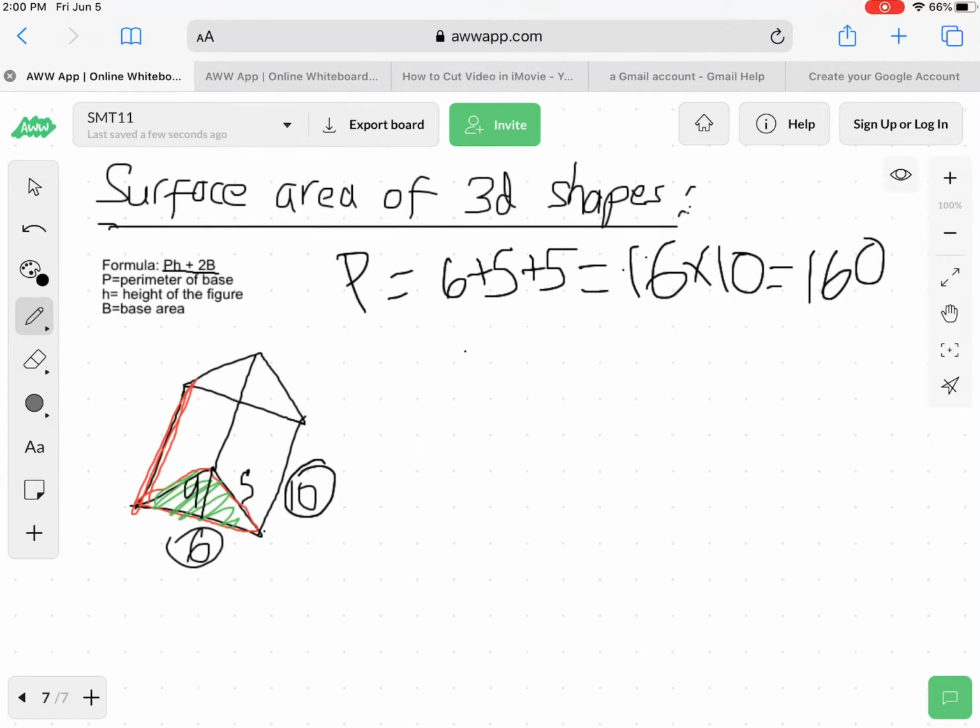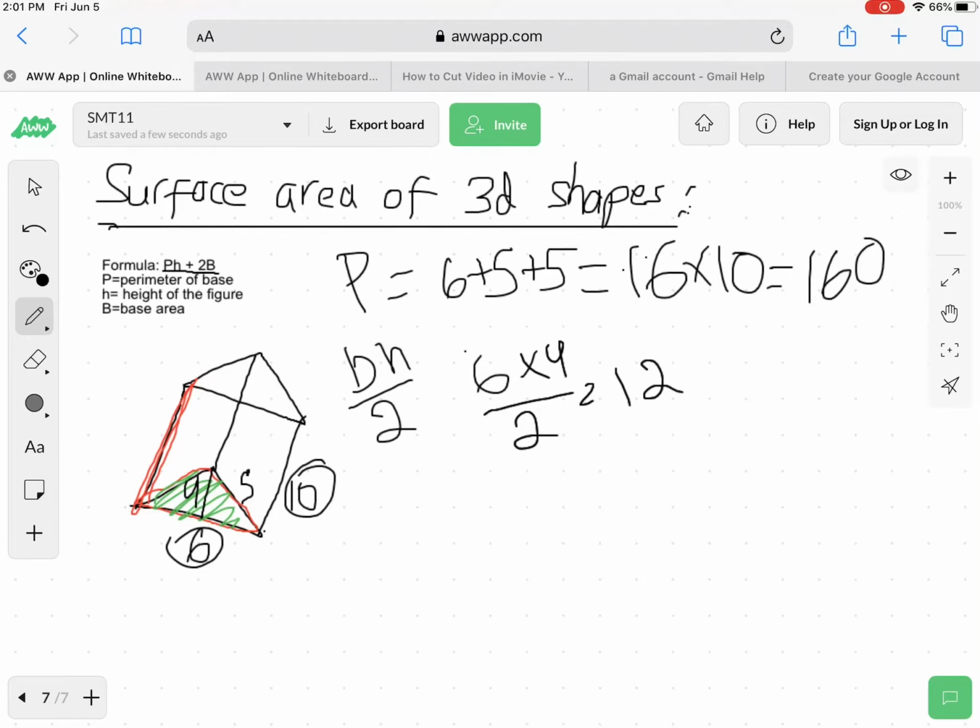So to figure out the base area of a triangle, as we all know, the formula for it is BH over 2, or base times height over 2. So in this way, our base area is 6 times 4 over 2, or in other words, 12. And so 1B would be 12, and it's asking for 2B.